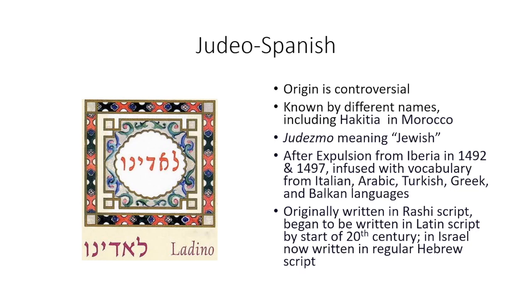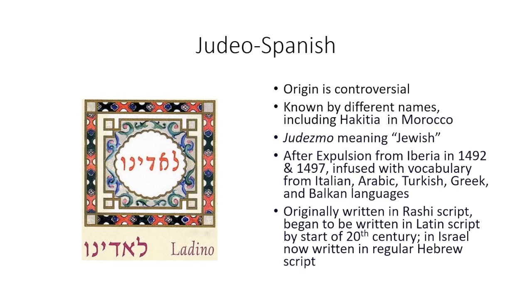So if you ask, "Hablas Judezmo?" you are asking the person if they speak Jewish, which is, of course, the title of this particular mini course. Ladino is also known as Haketia in Morocco. It is a form of Ladino, a dialect of Ladino, that has a greater influence of Arabic.